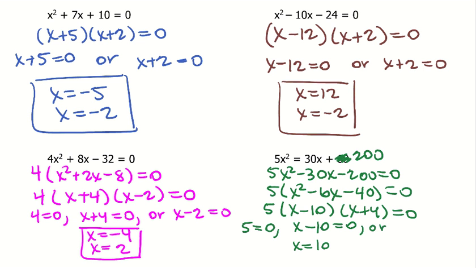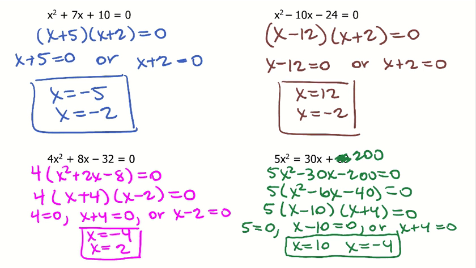Or maybe x plus 4 equals 0, which would give us x equals negative 4. So that 5 on the outside is not contributing any solutions. As we'll see next time, it's just going to make the parabola a little steeper.